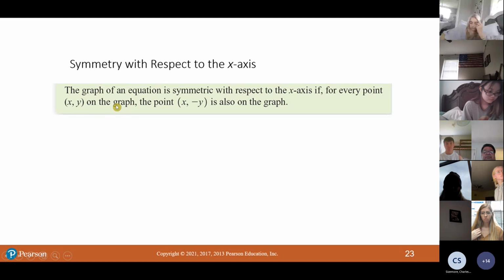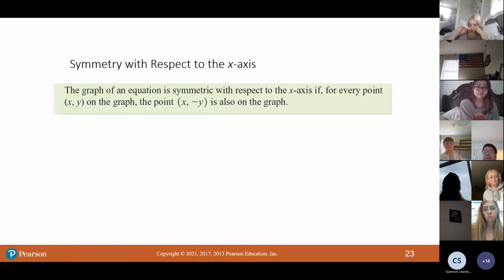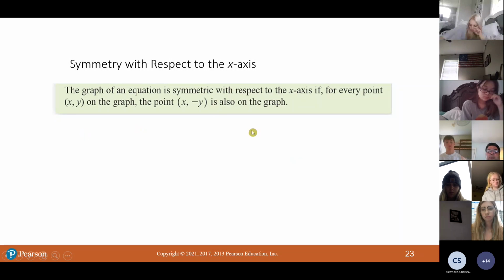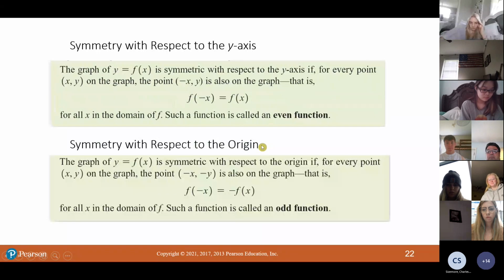So if you have a positive and negative y for each point, it's symmetrical around the x-axis. Okay? That's really not a test question, but the previous one, that's a test question.